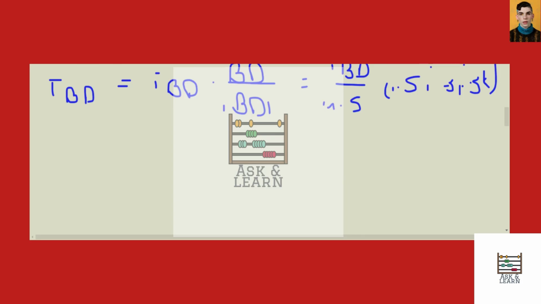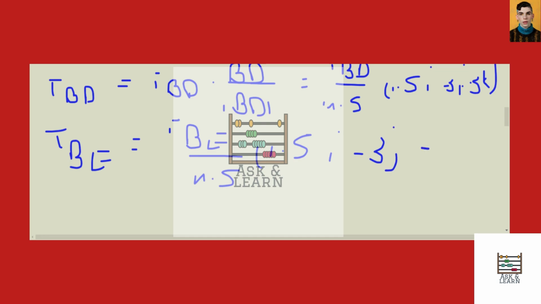So the same way we can find TBE, which is equivalent to TBE upon magnitude of BE, which is 4.5, into line BE, which is 1.5I minus 3J plus 3K, and TCF.